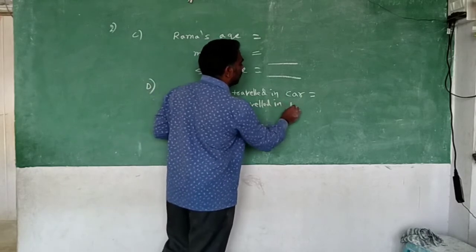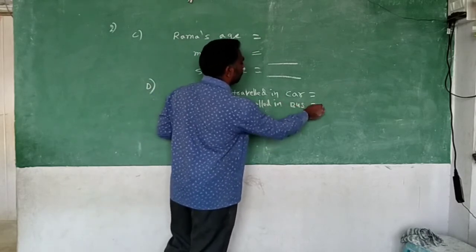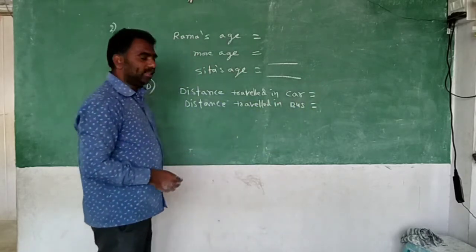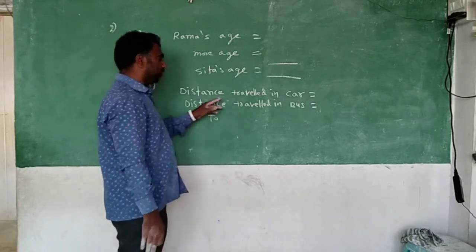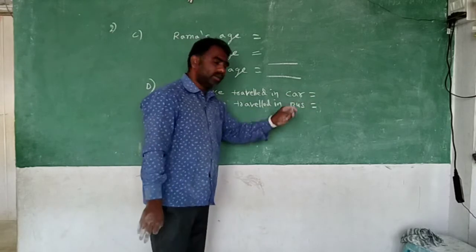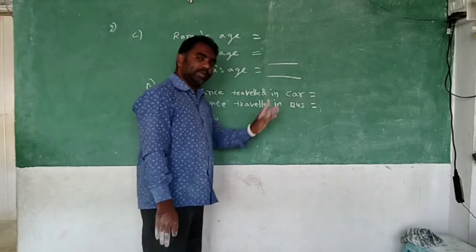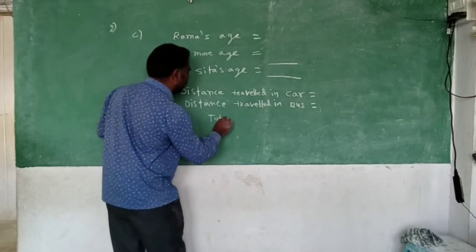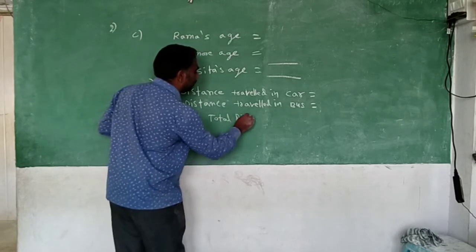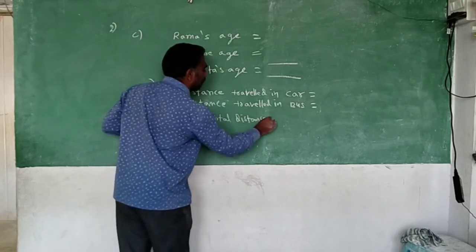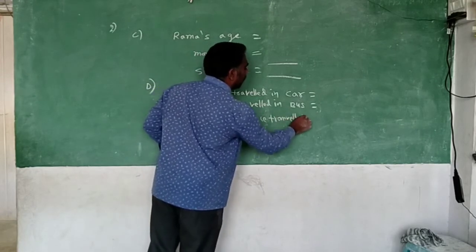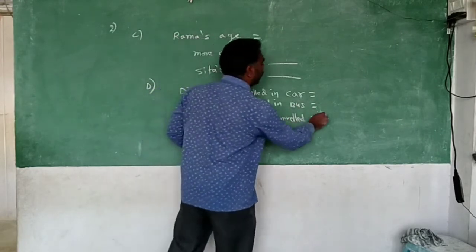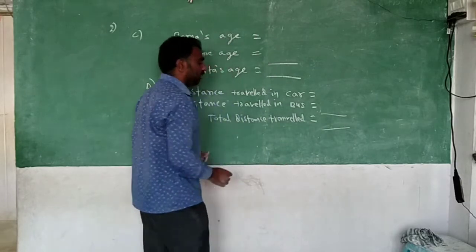Then finally, what are you finding? This you can get from the textbook. How much distance traveled in car? How much distance traveled in bus? So finally, total distance traveled. So how do you find? By doing the addition. Very good.